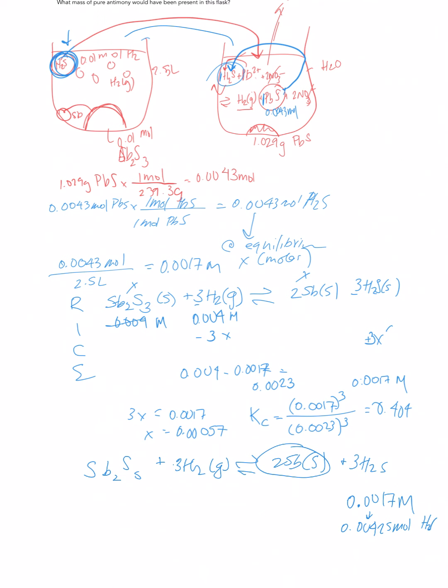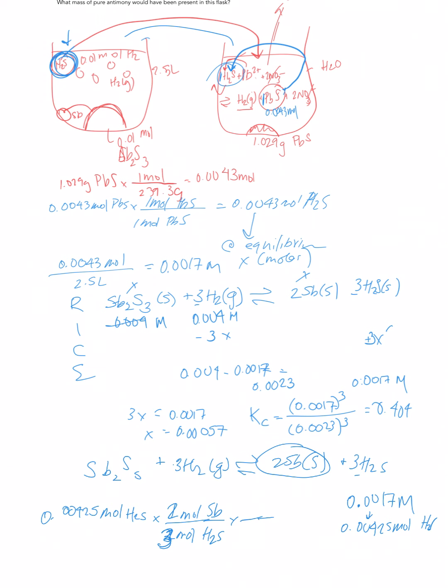Now, we have 0.00425 moles of H2S, and we have 3 moles of H2S for every 2 moles of Sb.